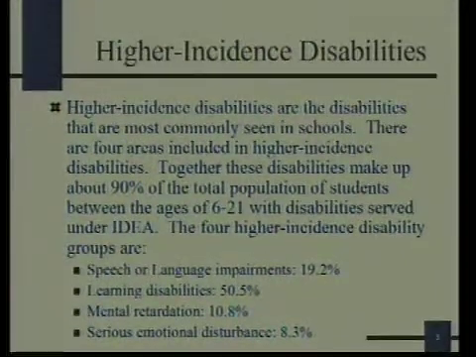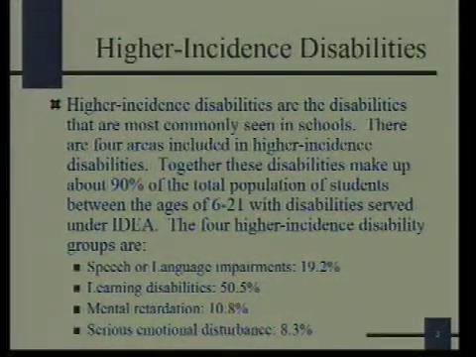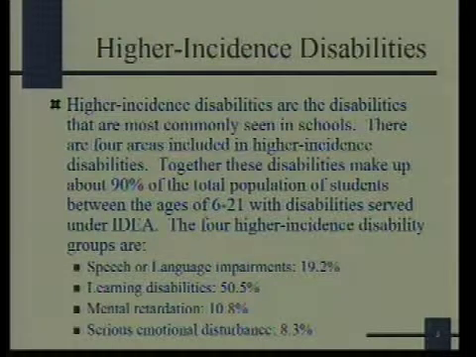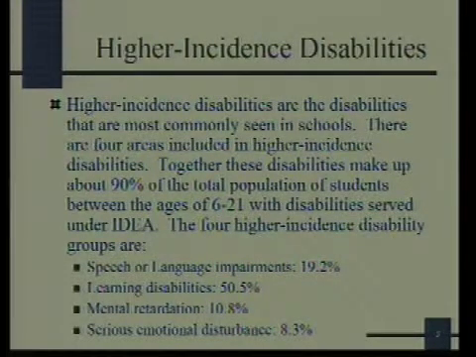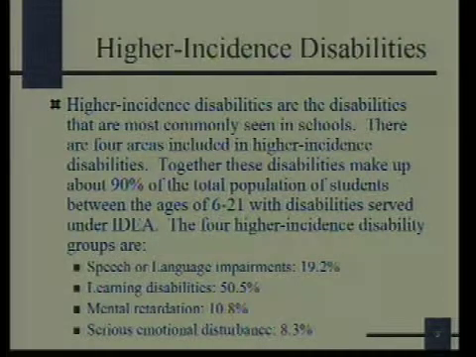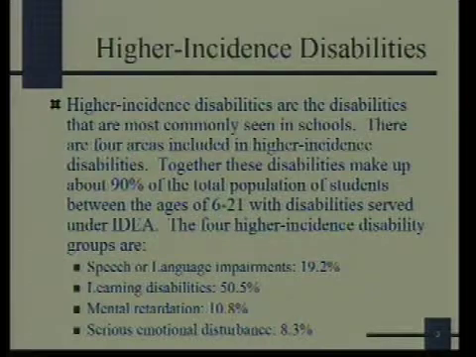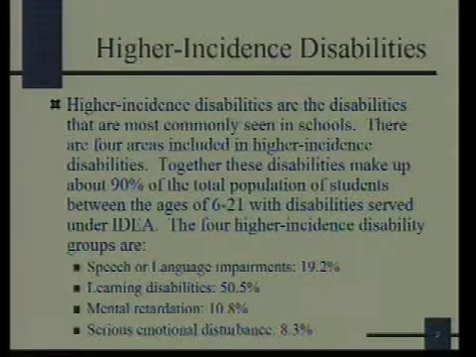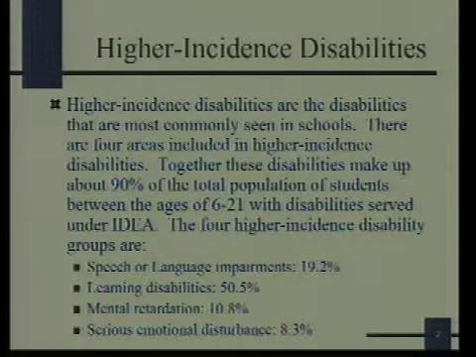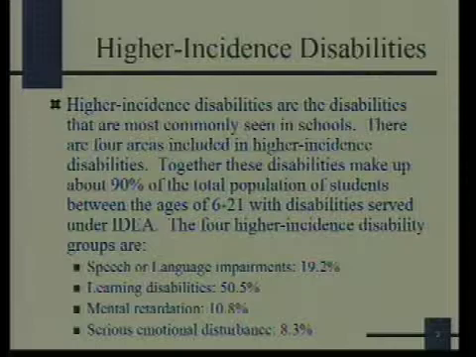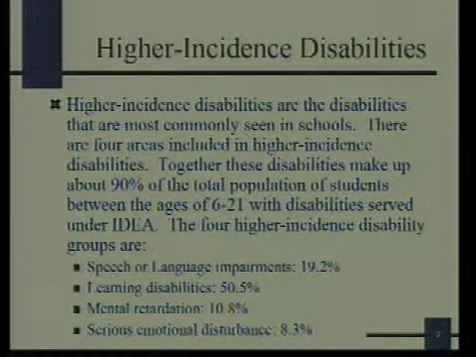Now, if you lumped all of these children together, what you would have is 90% of all children who are labeled with a disability. Now, this once again should make sense to you in terms of what we were talking about a minute ago about the normalized distribution of scores, because that's the area under the bell curve, this area that's closest to the norm, where most individuals who are members of our species are likely to fall.